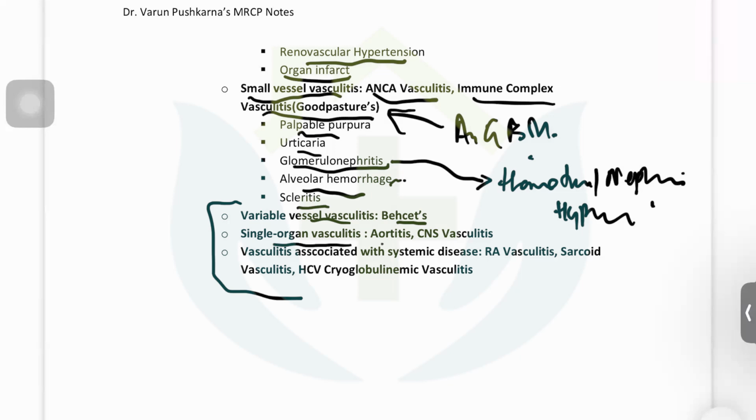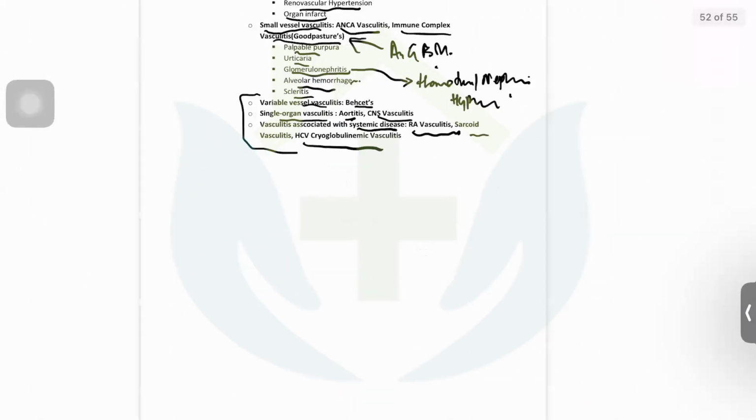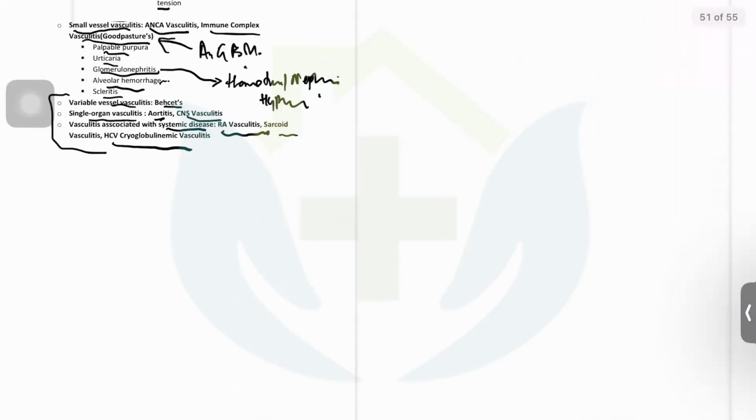Single organ vasculitis like aortitis, Takayasu, Kawasaki, CNS vasculitis, vasculitis associated with systemic disease like rheumatoid arthritis associated, sarcoid vasculitis, and HCV cryoglobulinemic vasculitis. So this is just the classification, okay? Now we go on to individual diseases.